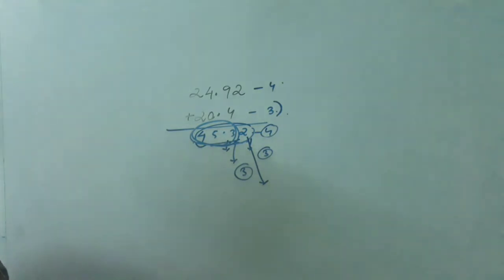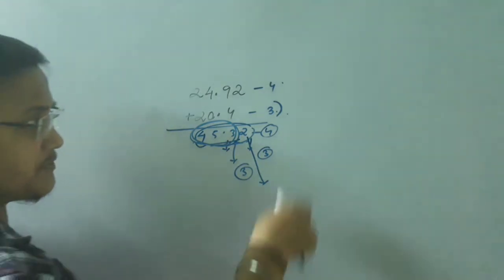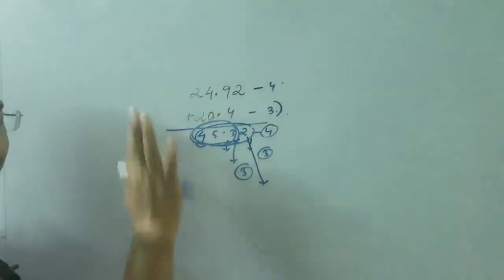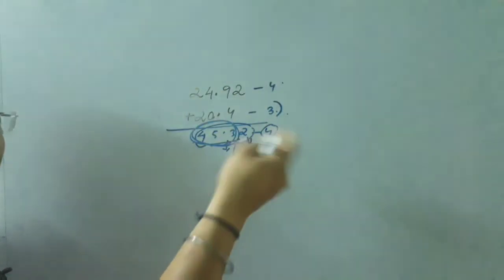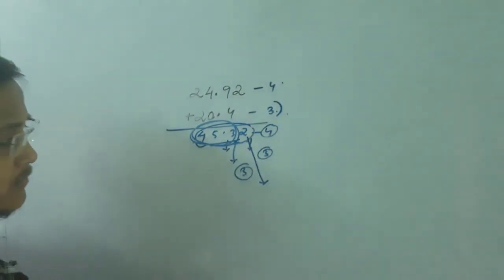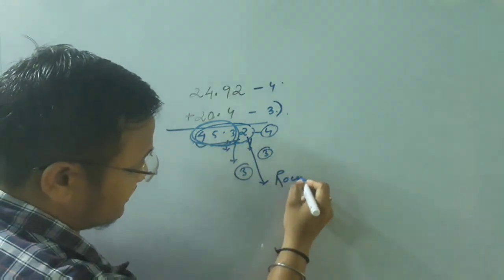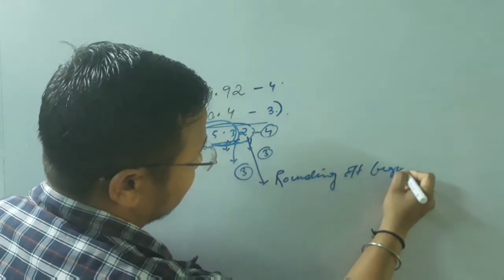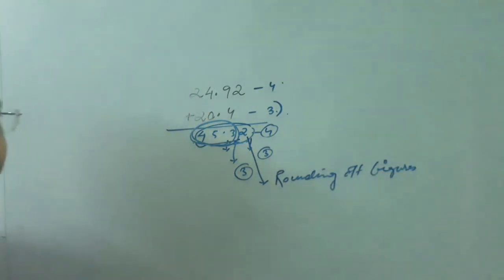Got it? Now the process of eliminating the number and representing it in a specific way, whether you want 3, 4, 5, whatever, means we can't make it larger, we can make it the least one. This process is what we are talking about, rounding of figures.